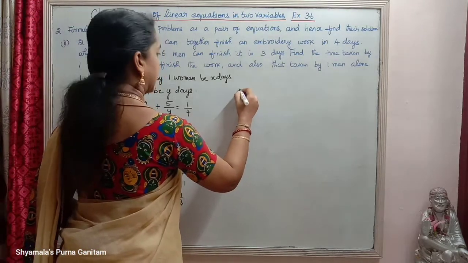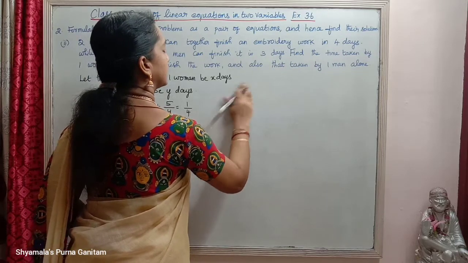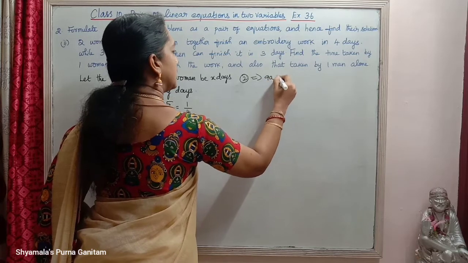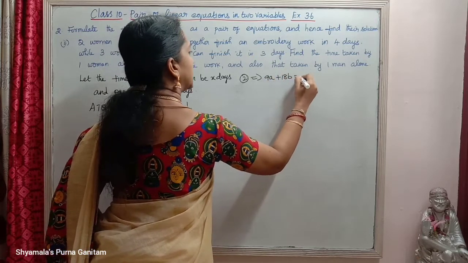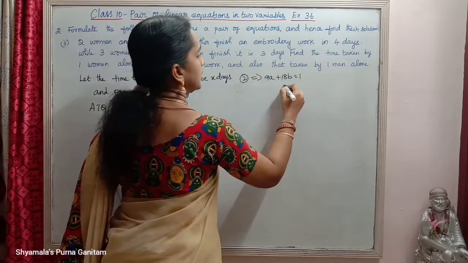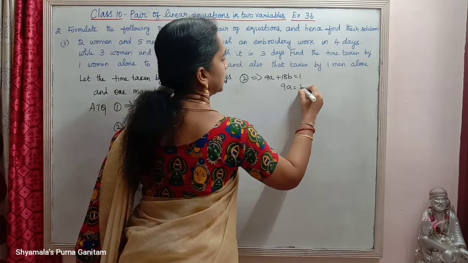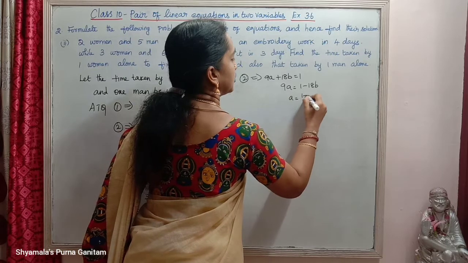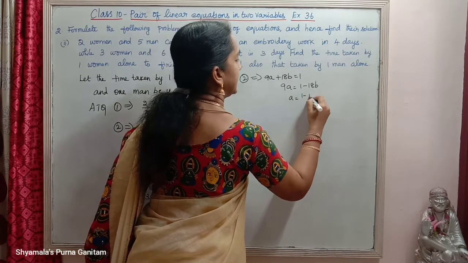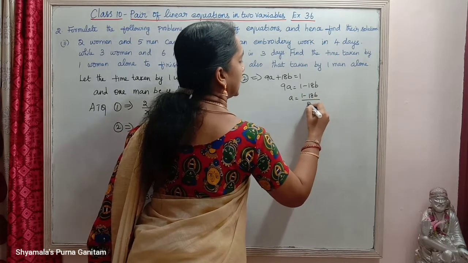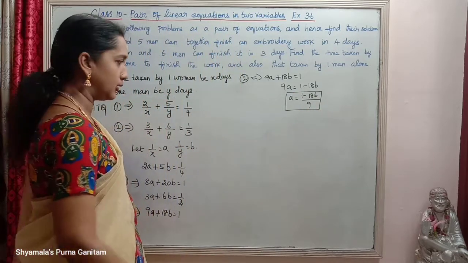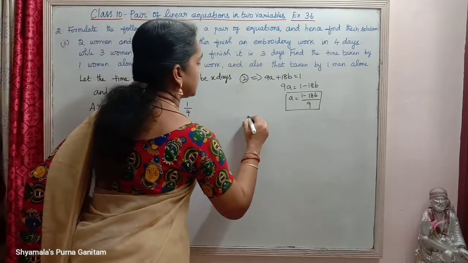From the second equation, 9a plus 18b is equal to 1, so 9a is equal to 1 minus 18b, so a is equal to (1 minus 18b) by 9.